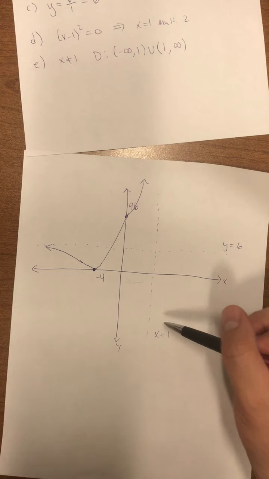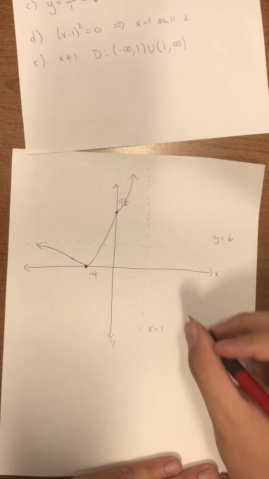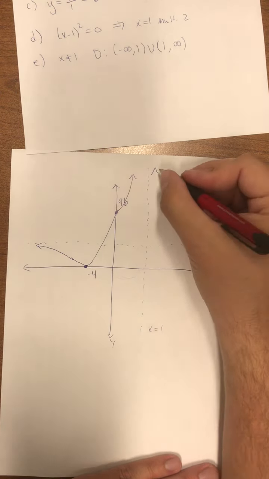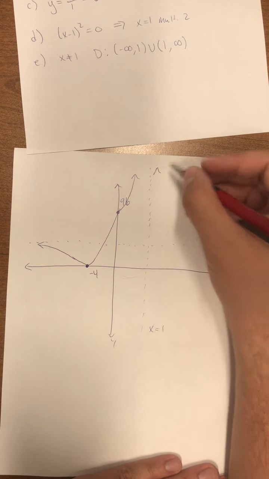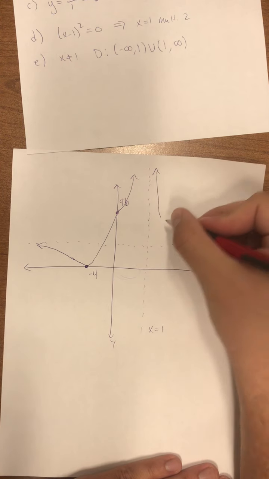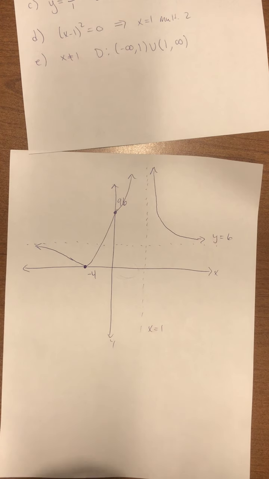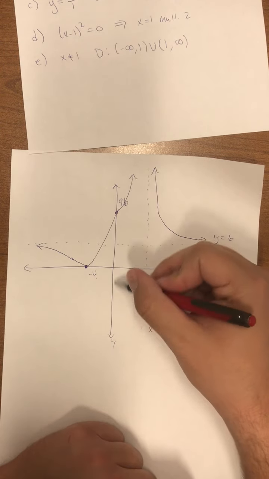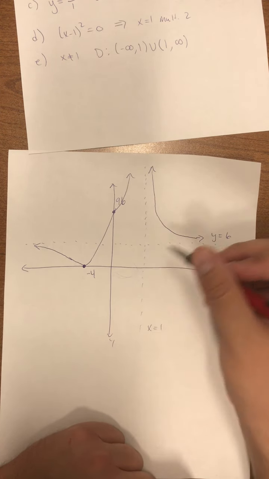At this VA, x equals 1, the VA has even multiplicity, so on either side of the VA the graph goes the same direction. So it's going to be up on the left. Since we know it's going up on the left, it has to go up on the right, and the graph is going to flatten out and approach y equals 6 as x approaches positive infinity. So the graph doesn't go down to negative infinity on the y or anything like that.